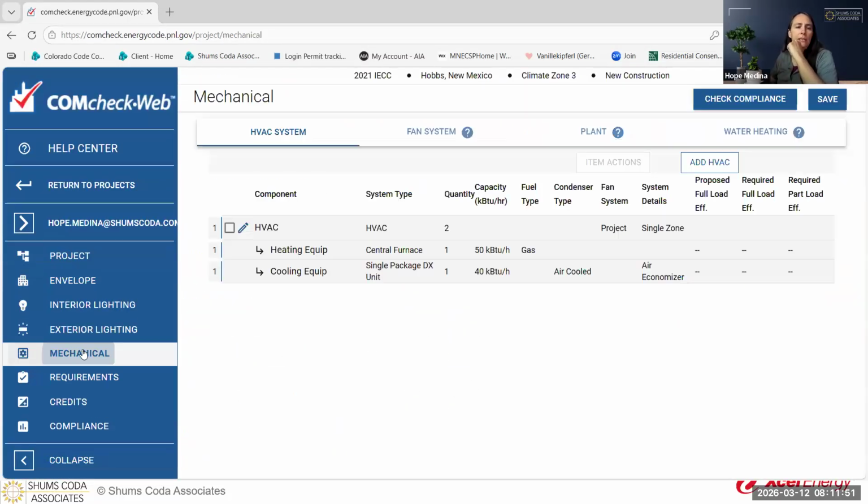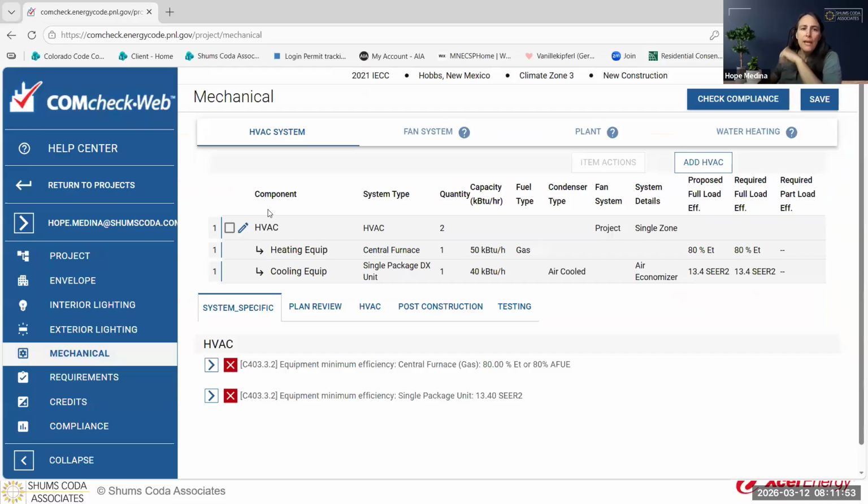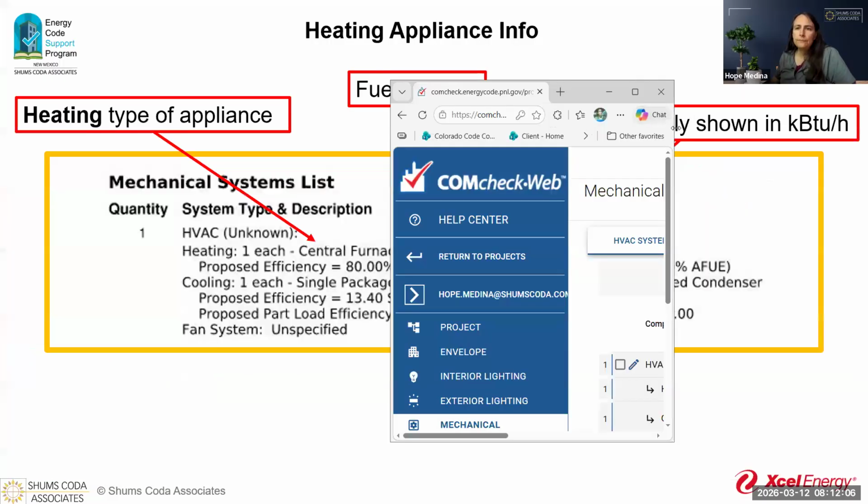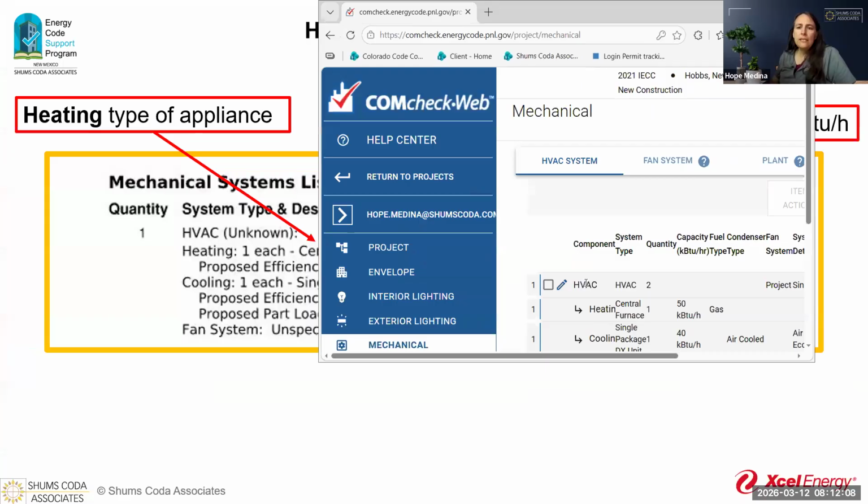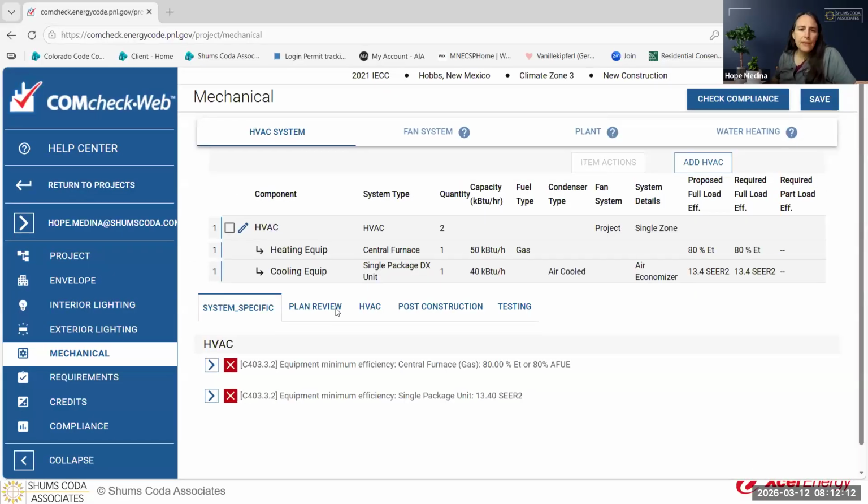If we come here to mechanical, there we go. And we want to go into our HVAC systems. You'll notice that it says the component, this here is the system up here.